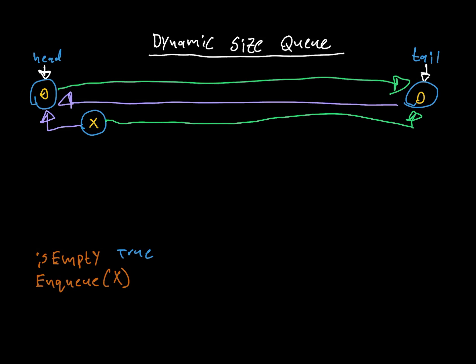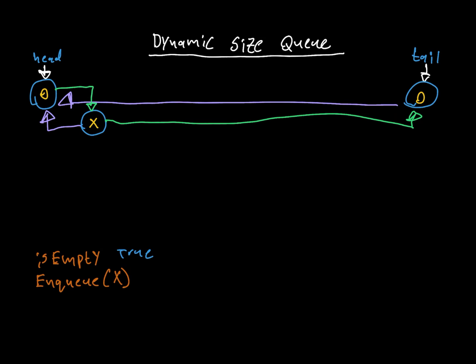We are going to go to tail. We're going to look at its previous value, the previous node in the sequence, which is head. We are going to set next for this node to be the new node that we've created. So it's going to point over here.